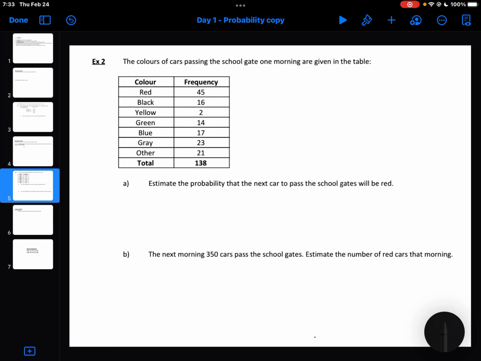Here's an example of experimental probability. This is data collected on the colors of cars that were passing the school gate one morning, and they're given in the table here. The first question is to estimate the probability that the next car to pass through the school gates will be red. Let A represent a red car passing through.